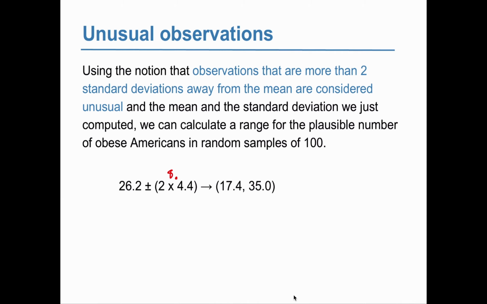Standard deviation is 4.4. 2 standard deviations is 8.8. 2 standard deviations above the mean is 35. 2 standard deviations below the mean is 17.4. So if we got a sample of Americans with more than 35 obese people or less than 17.4 obese people, we would consider that to be unusual.